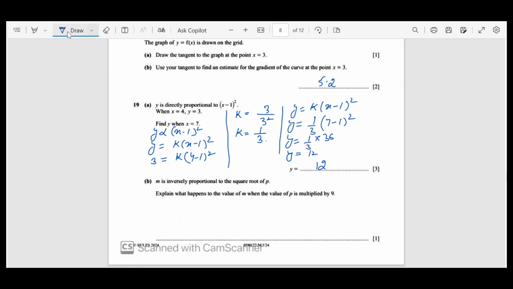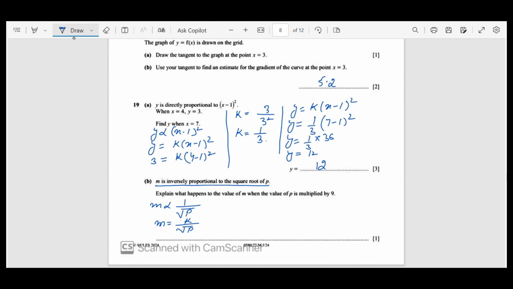B part. m is inversely proportional to the square root of p. Explain what happened to the value of m when the value of p is multiplied by 9. So m is inversely proportional to the square root of p. So m will be equal to k by root of p.